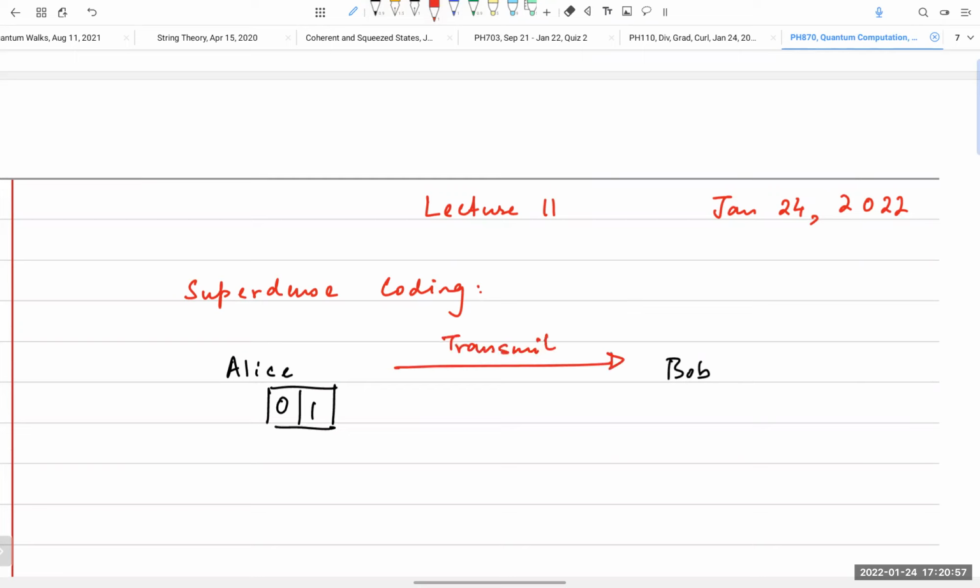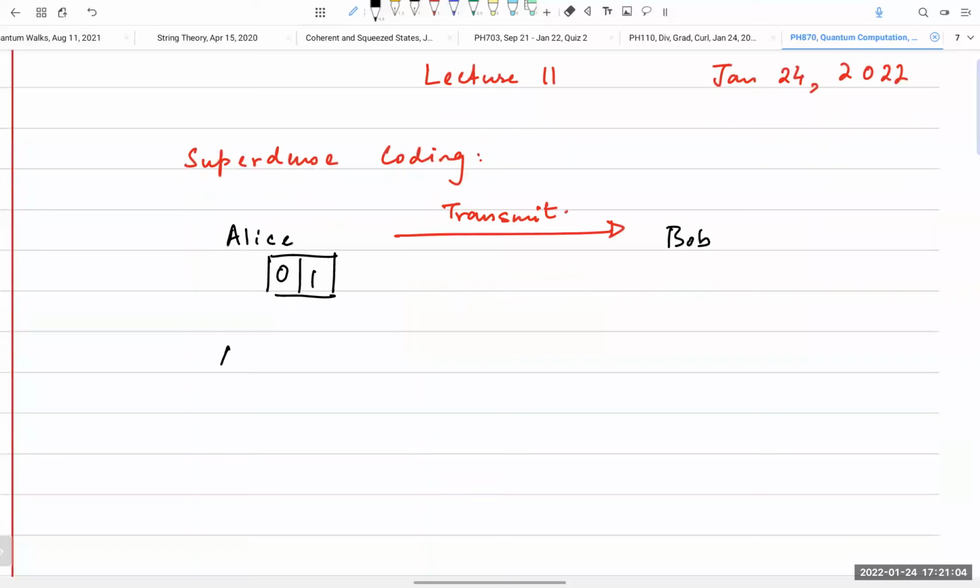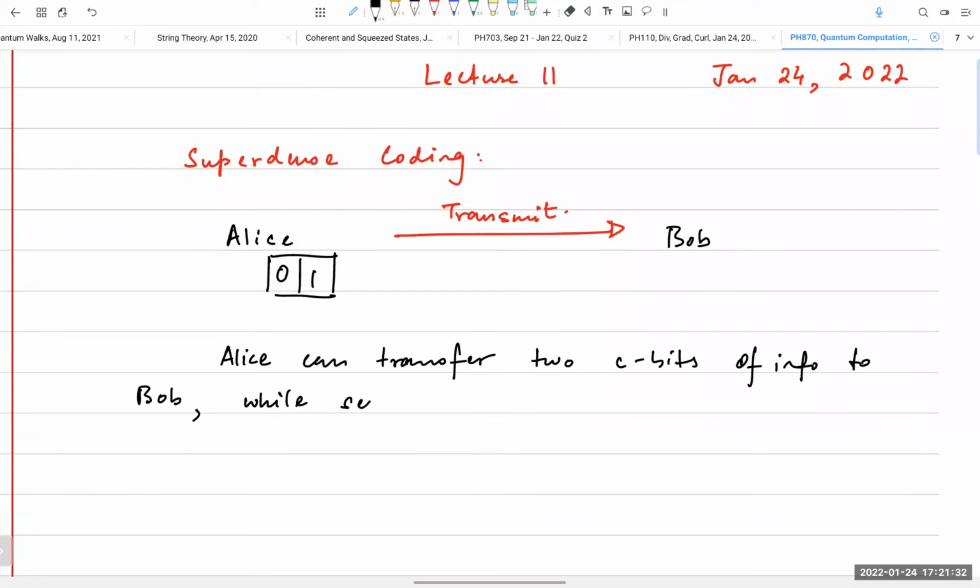What superdense coding achieves is the following: Alice can transfer two cbits of information to Bob while sending only one cbit to Bob.